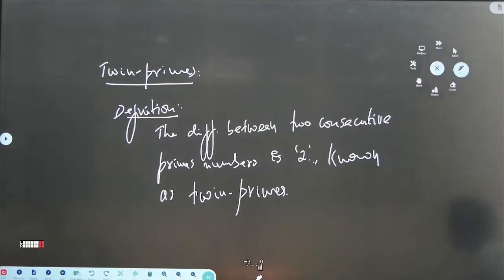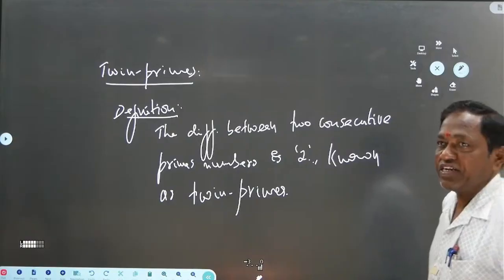Next, how many twin primes are possible in the first 100 natural numbers?